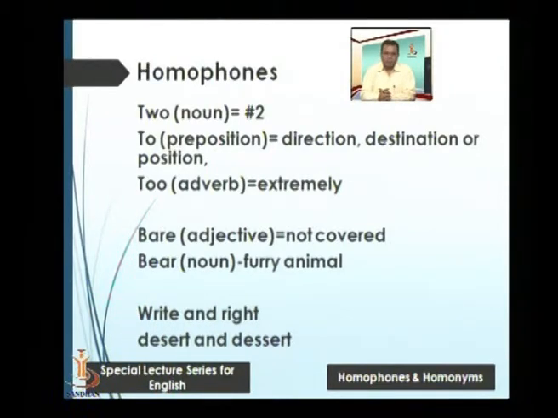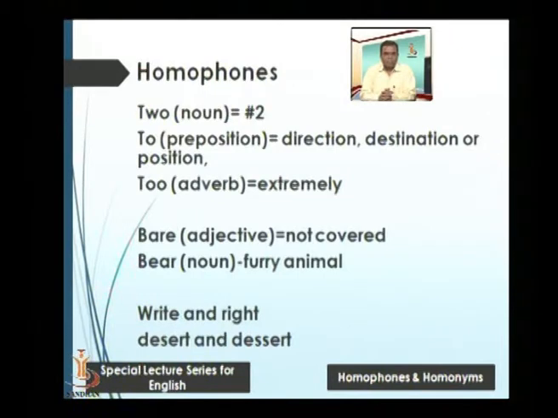He is too weak. Someone goes to the doctor and the patient is examined by the doctor, and the doctor says to the accompanying parents or friend that he is too weak. Too means the weakness is too much. So that too is used in the sense of extremely.